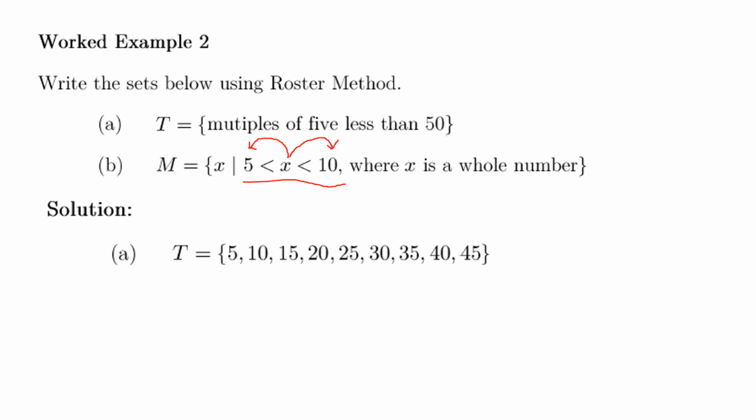So it's telling us that all those whole numbers greater than 5 but less than 10. So the elements are 6, 7, 8, and 9. So basically, that's how we write a set using a roster method.